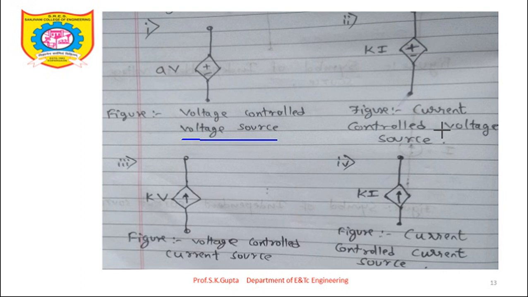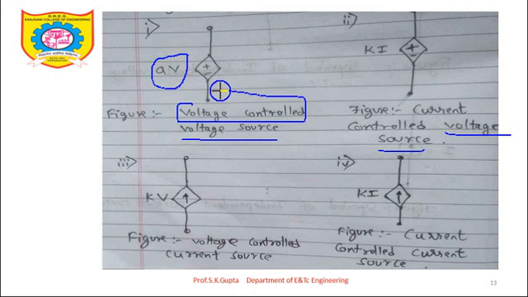Next, if some constant times a voltage is written near this voltage source, or the source depends on the voltage of another branch, that means it is voltage controlled. And if a current is written near the dependent source, that means it is current controlled. I will just repeat.